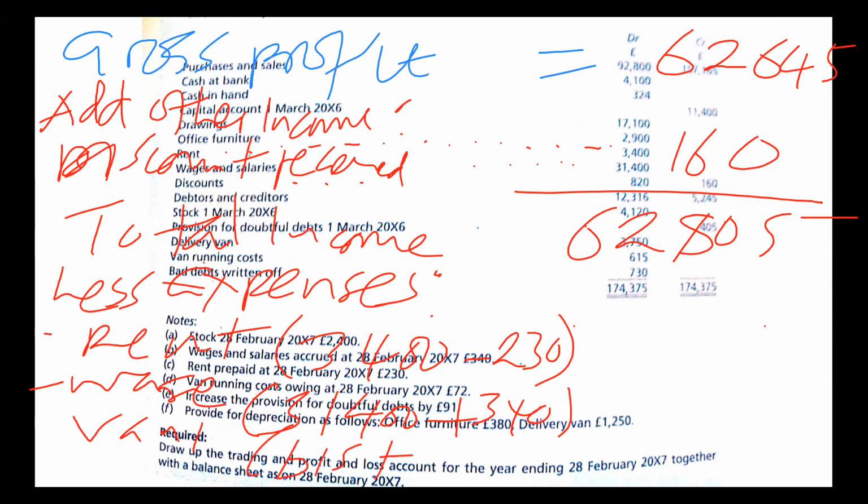The van running cost owing is an accrual of 72. You add that. So you have the column of those figures. And then you put the increase in provision for doubtful debt, which is 91, as part of the expenses.